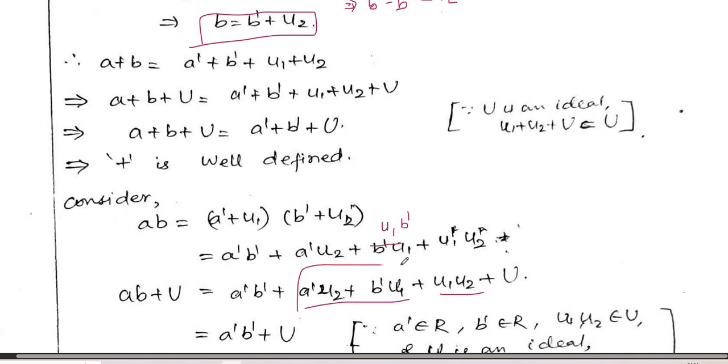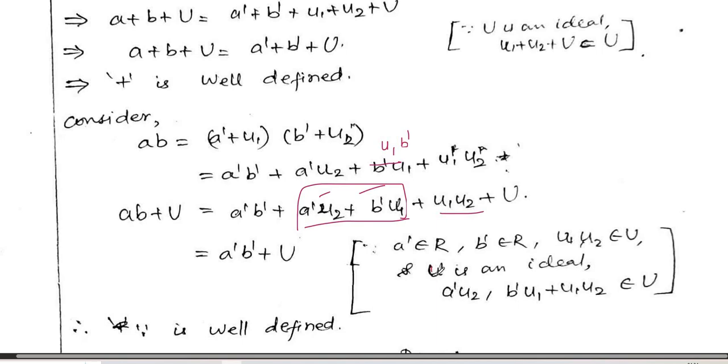Now because U is an ideal, even these two will be elements of capital U, so that means you have this to be also present in U. So if these are all elements of capital U, this U will absorb them, because we studied in group theory that aH is equal to H is equal to Ha if and only if a belongs to H. So the same thing holds for right cosets and left cosets.